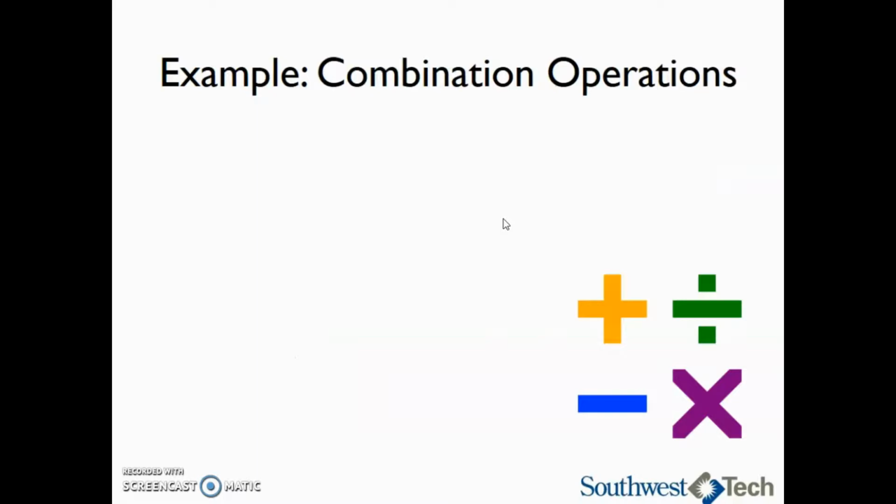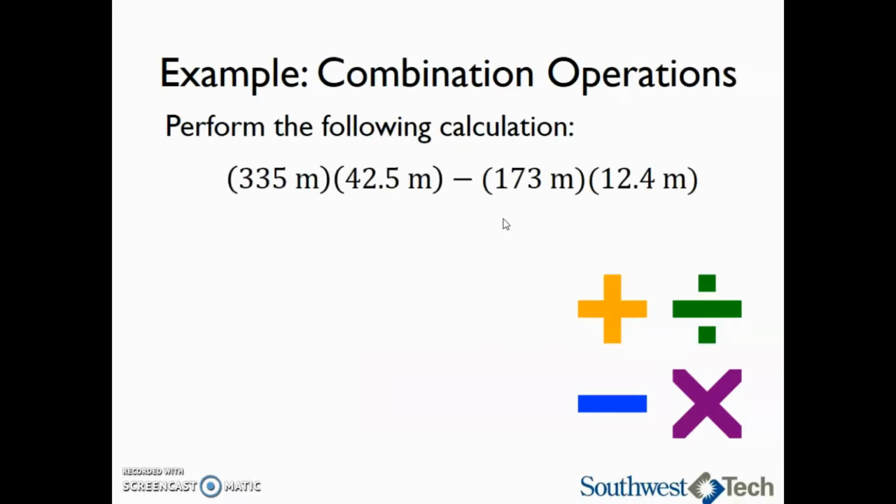Now we're going to look at an example where we're combining operations. We're going to take 335 meters times 42.5 meters, and subtract 173 meters times 12.4 meters. In problems like this, we need to use the order of operations, and at each step we have to round our answer. So we multiply first, then round, and then subtract.